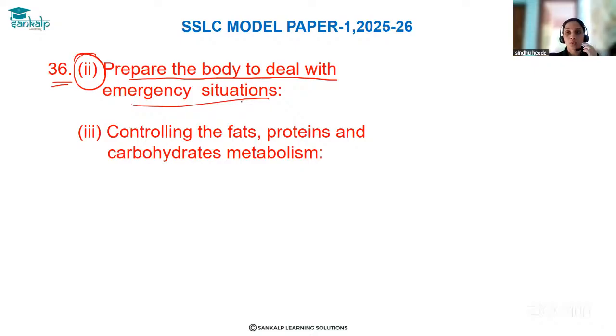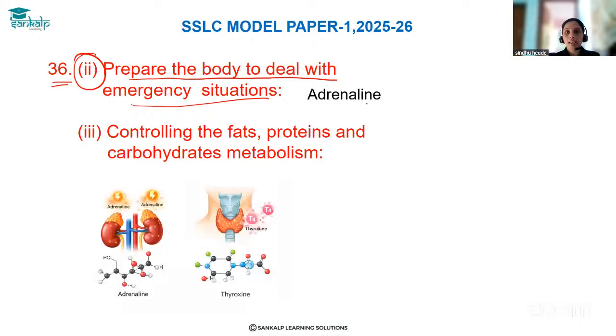The answer is the adrenaline hormone. Okay, this is generated by the adrenal gland. The hormone called adrenaline is released from the adrenal gland. This adrenaline hormone helps to prepare the body to deal with the emergency situation.